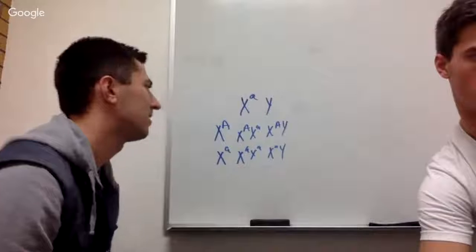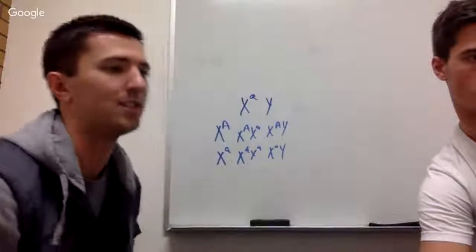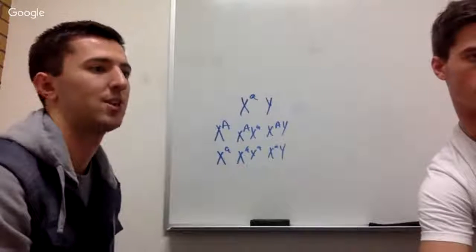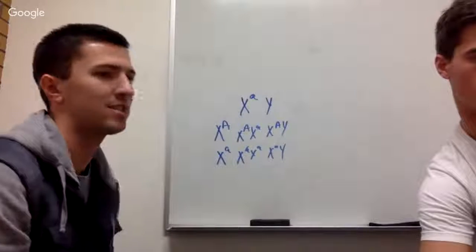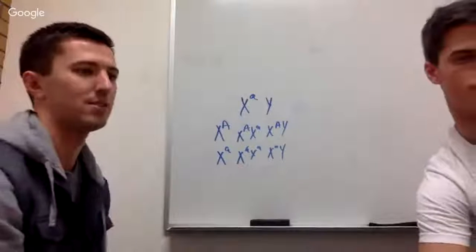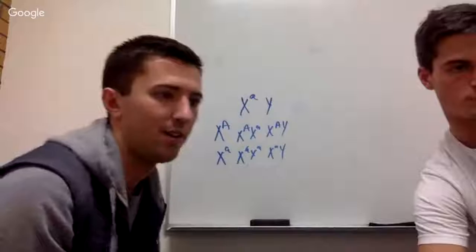So it's 25% female with disease, 25% male with disease, 25% female without disease, 25% male without disease. And then number 4.